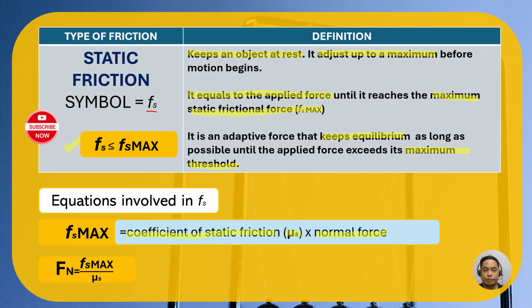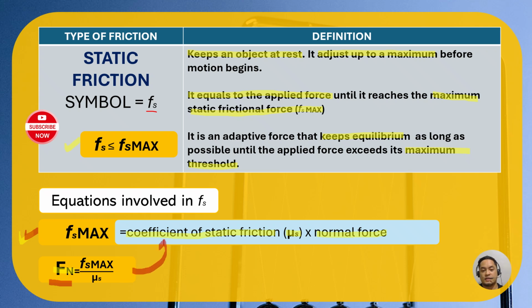If you are asked to get the Fn, or the normal force, all you have to do is derive your formula from this Fs max equals the coefficient of friction times the normal force. So here it is: Fn is equivalent to your Fs max divided by the coefficient of friction.